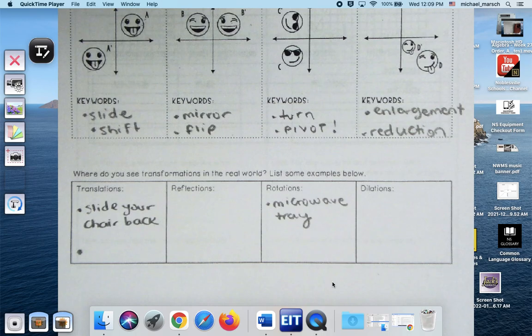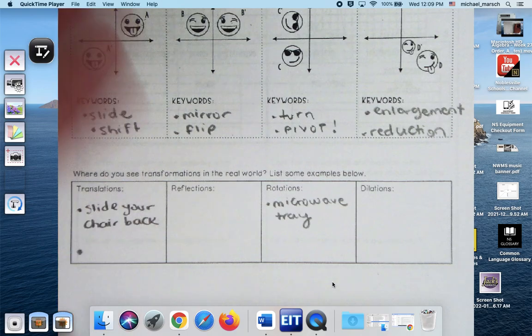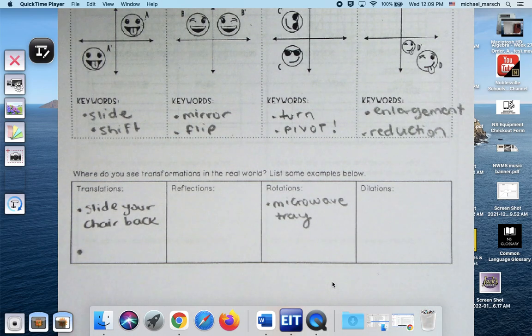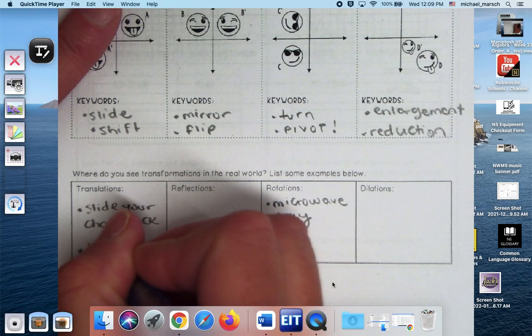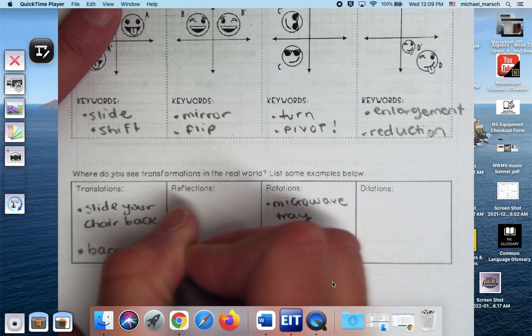Another translation could be a door. What about a door? It would actually be a rotation, because it's on a hinge, right? Like opening a door. But if you have like a pocket door, I'm thinking like a barn door, yep. Could a reflection be a mirror?